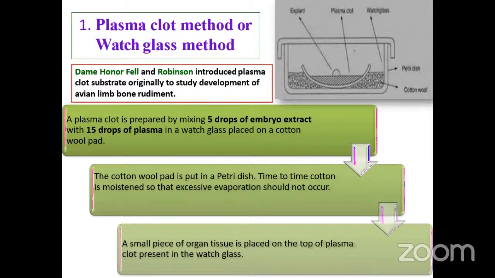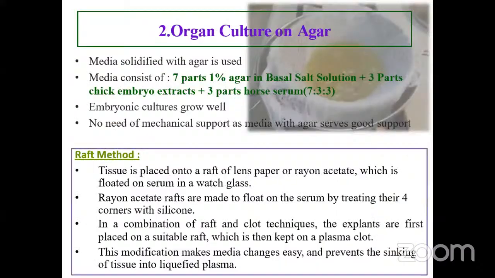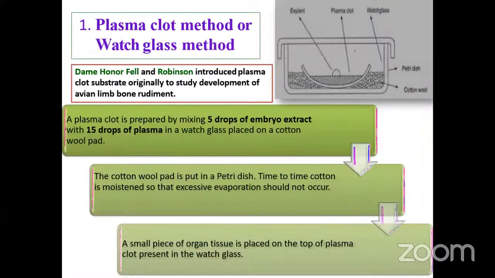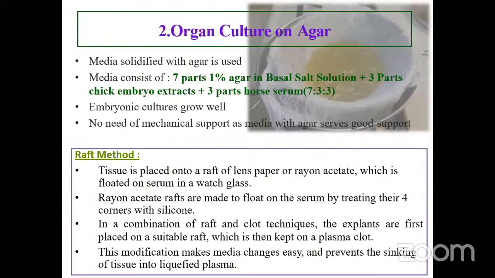From time to time the cotton is moistened so that excessive evaporation does not occur. Then a small piece of organ tissue is placed on top of the plasma clot to culture. So this is the plasma clot method or watch glass method.